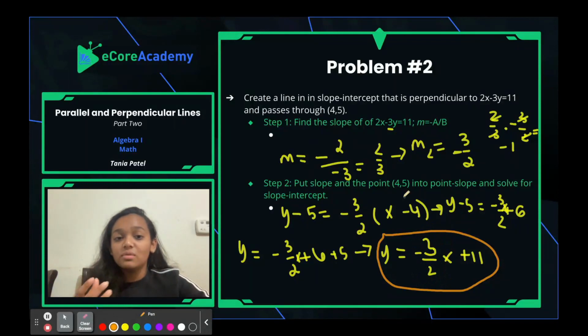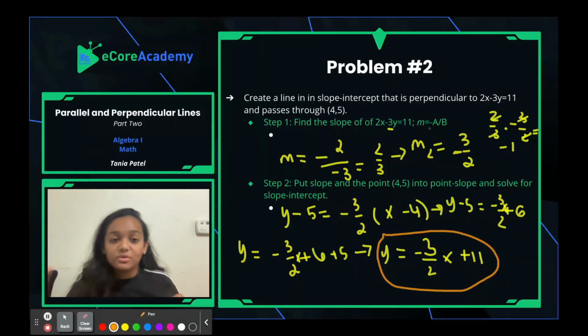When multiplied to 2/3, it's going to be equal to -1, which correctly serves the definition of perpendicular lines. I did overcomplicate that at the end, but simply when the two slopes of the original equation and the new equation are multiplied to one another, the answer is going to be -1.